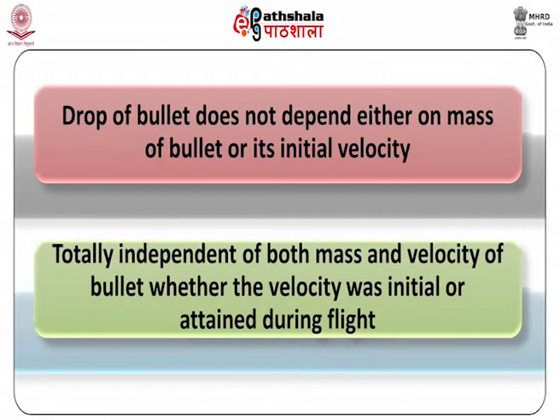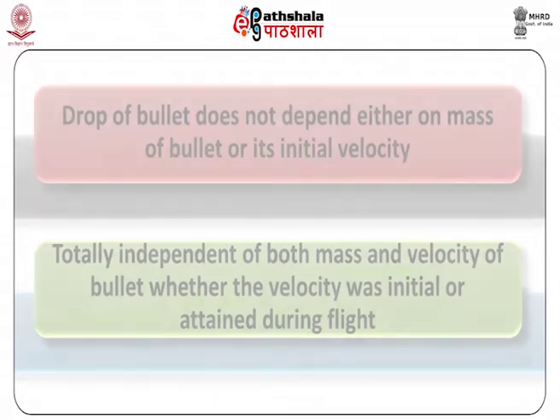It may be clearly understood that the drop of bullet does not depend either on the mass of the bullet or its initial velocity. It is totally independent of both the mass and velocity of the bullet, whether the velocity was initial or attained during the flight.